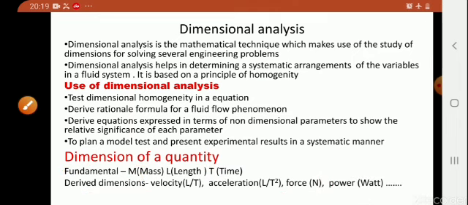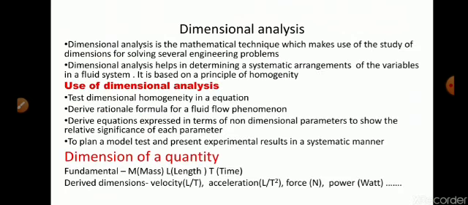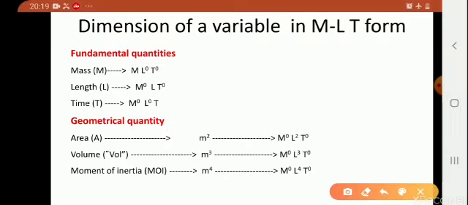Next, what is the dimension of a variable in MLT form? For the fundamental quantities, M means mass, and other forms are not there, so L is raised to 0 and T is raised to 0.